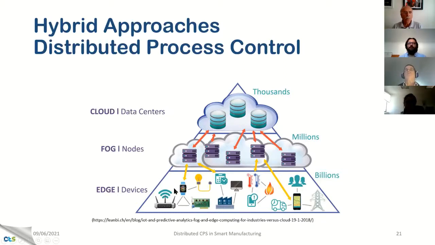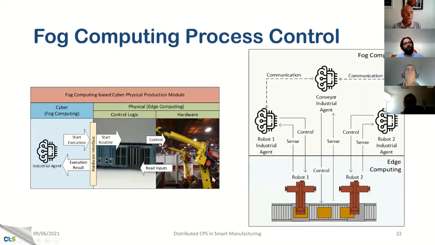Instead of that, we can use some industrial protocols that these devices offer to run these cyber entities at the fog level and just trigger some executions at the edge level. The idea basically is to have this cyber representation running at the fog level.